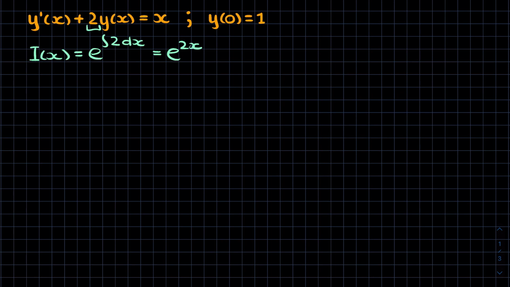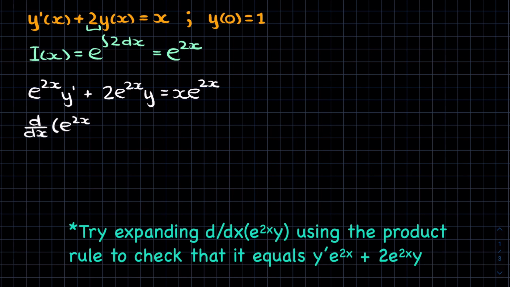So we'll just get e to the 2x y prime plus 2e to the 2x y equals x e to the 2x. Now we can apply the reverse product rule and we'll just equal d dx of e to the 2x, our integrating factor, multiplied by y.